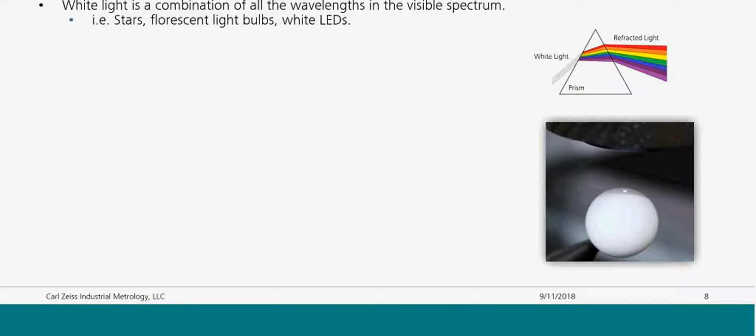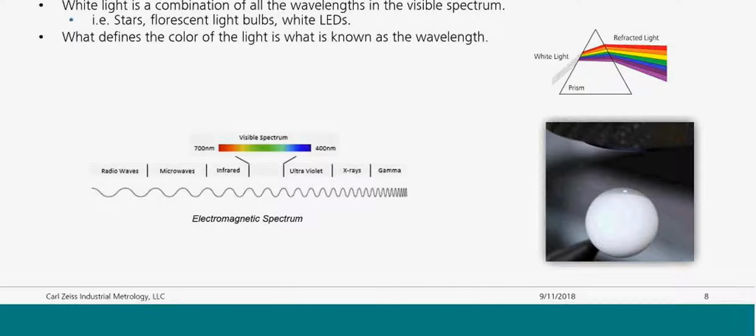So we have the prism that white light is going into. A prism is able to actually split the light into its component colors, red through violet. So we might have some white light source, like an LED or a light bulb, and that can be split into its component colors. What defines those colors is what's known as the wavelength.